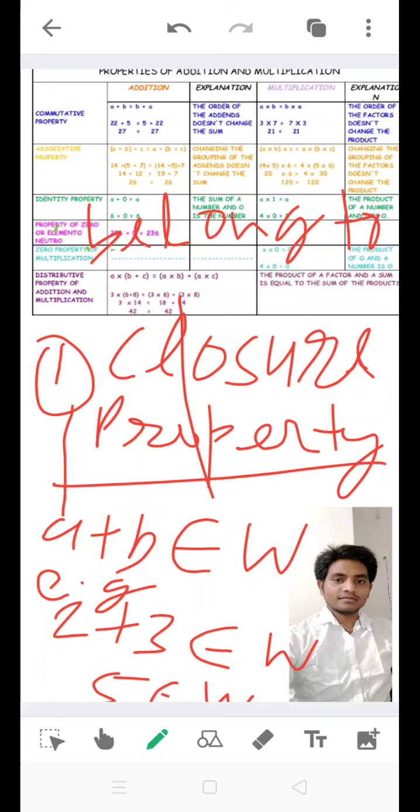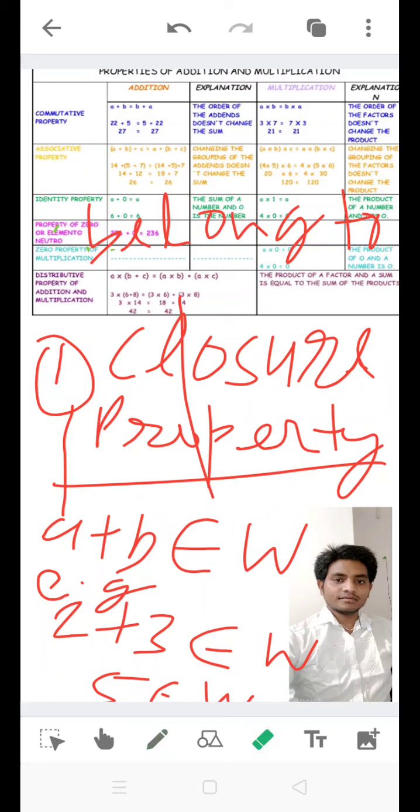The next one is closure under subtraction. This was the closure property under addition. Now the closure property under subtraction.